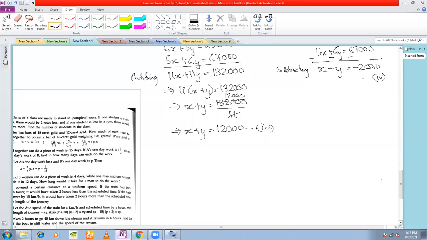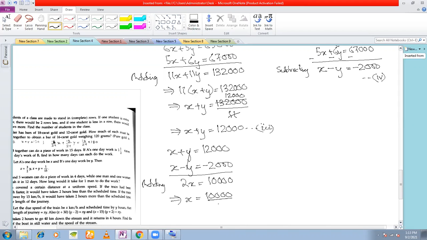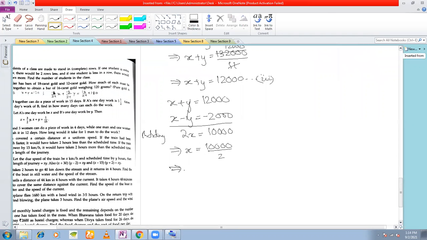Now we have to solve 3 and 4. How to solve 3 and 4? Elimination method. Add and then subtract. Adding, this cancels. So you get 2x is equal to 10,000. That means you get x is equal to 10,000 by 2. That means x is equal to rupees 5,000.